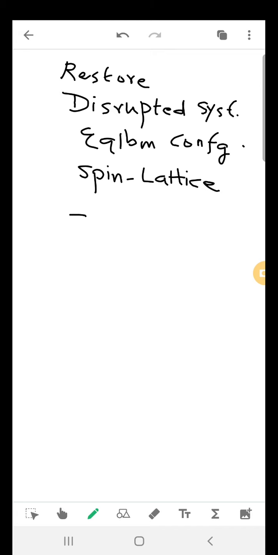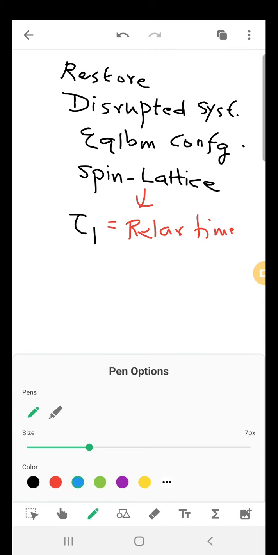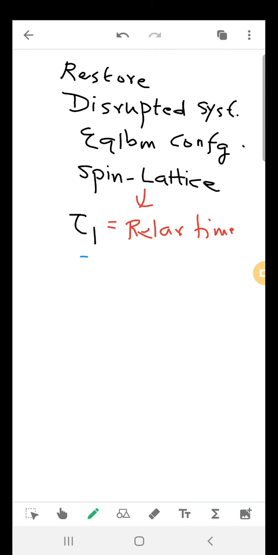the time taken for spin-lattice interaction, say, is tau 1. This is the relaxation time for spin-lattice interaction, and for spin-spin interaction, let us take the time to be tau 2.